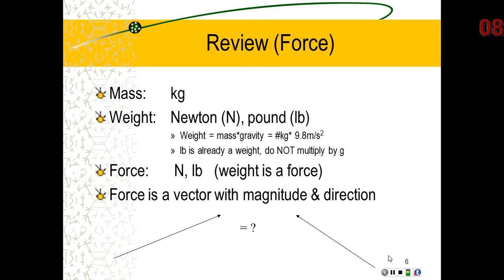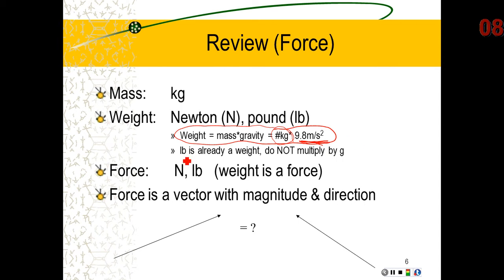If you are given a kilogram, you have to do something to it to make that kilogram a weight. So if you're given a problem that has a kilogram, a person is picking up 10 kilograms, you've got to multiply that 10 kilograms by gravity, 9.8 meters per second squared, to get the number of newtons. So if it were 10 kilograms, you multiply 10 kilograms times 9.8, that would be 98 newtons.